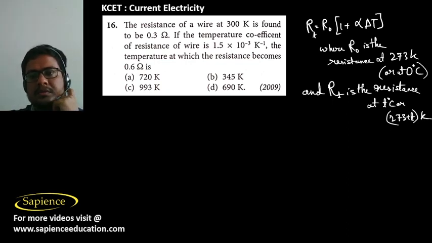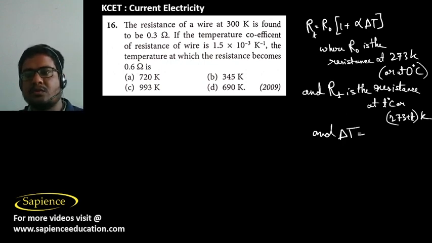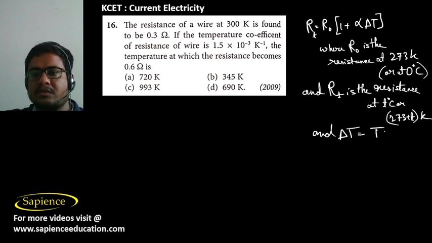And here delta T is the temperature difference with respect to 273 Kelvin, so this is T minus 273.